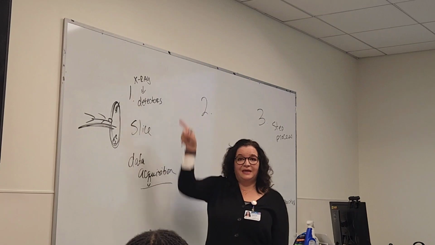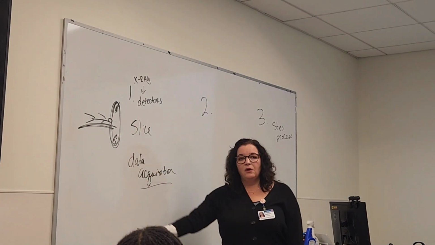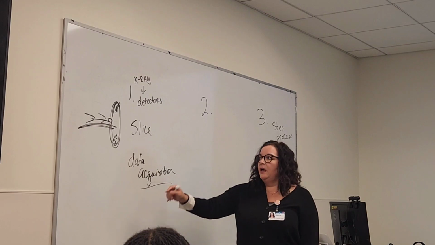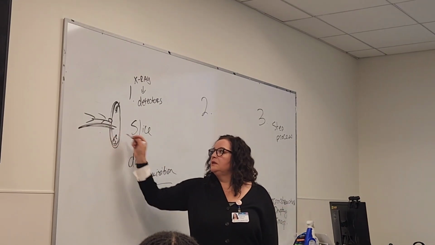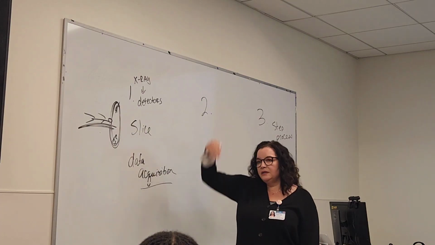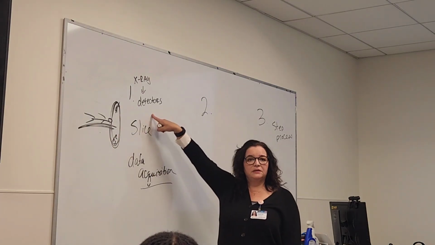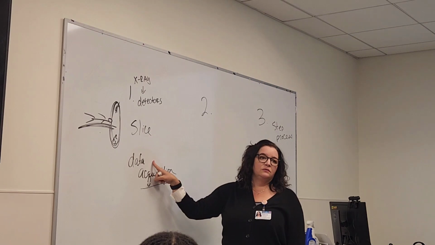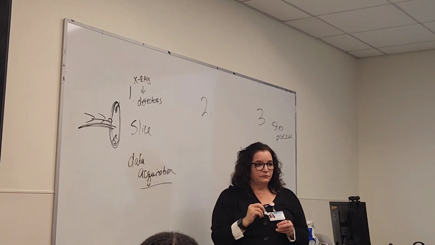We can't get data until it's detected. So we have to acquire all of this data. And as the machine is working in sync, X-rays constantly being emitted through the patient, captured by the detectors into what is considered the first step. You have to have data acquisition.